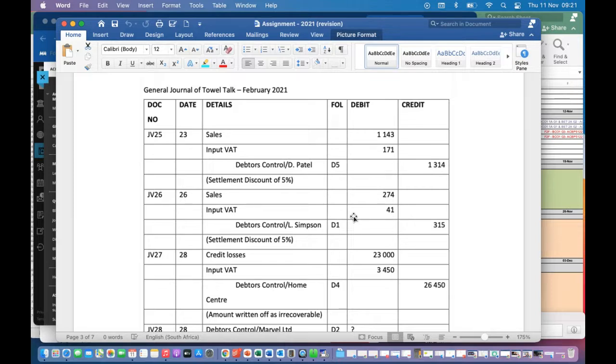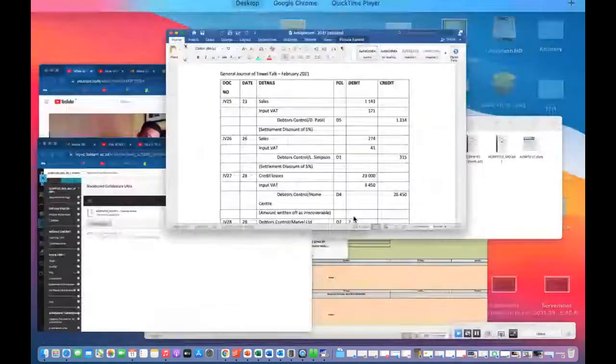And the fact that we're crediting the debtors control means that we were giving the settlement discount. Does that make sense? But it only makes sense with your debtors to be giving the settlement discount as well. But anyway, cool. So since we were giving the discount, as you can see, we credited the debtors control. It's going to reduce our debtors control.